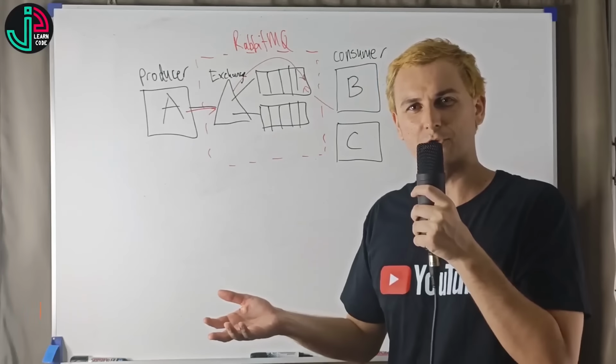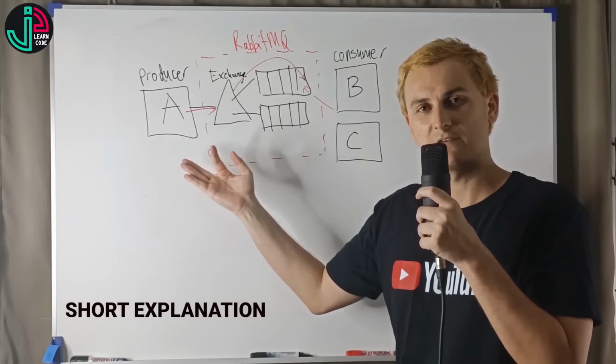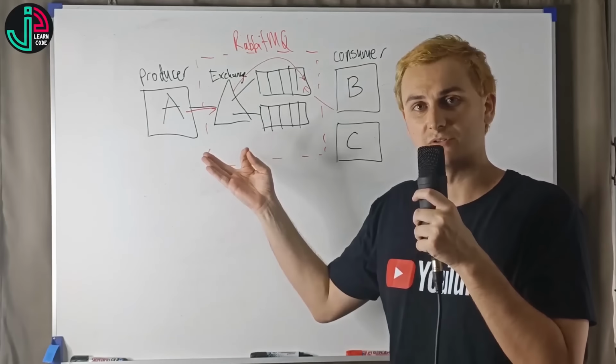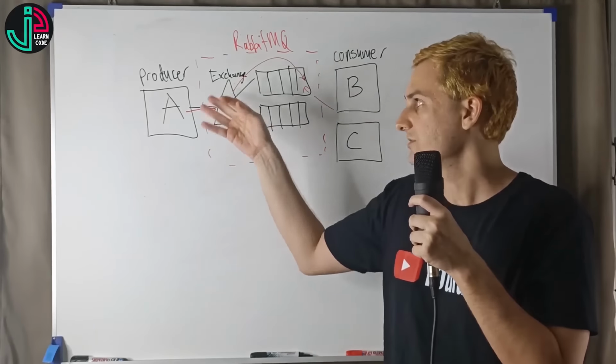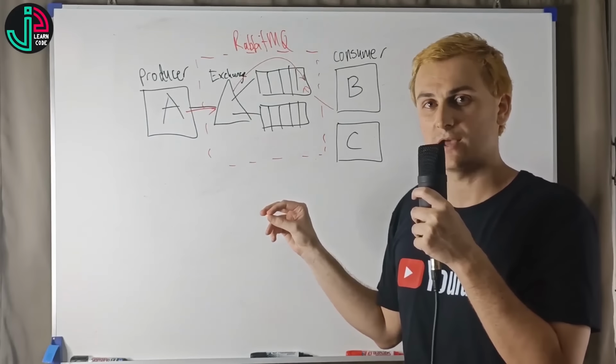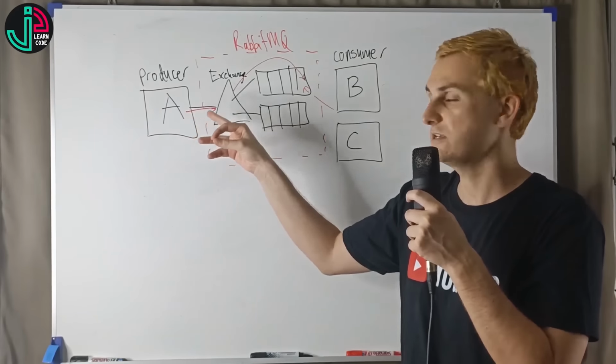How does RabbitMQ work? Well, let's say we have a server and it's receiving lots and lots of requests. We don't want that server to slow down. So we want that server to continually receive requests. So we can offload some of the tasks into a queue. This is where RabbitMQ comes in handy. The producer creates the message and offloads it to an exchange.